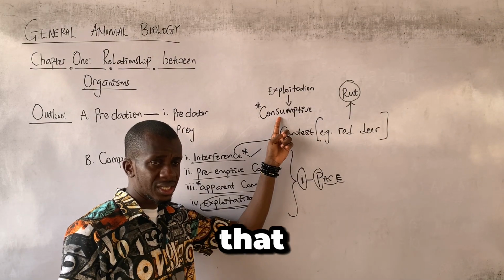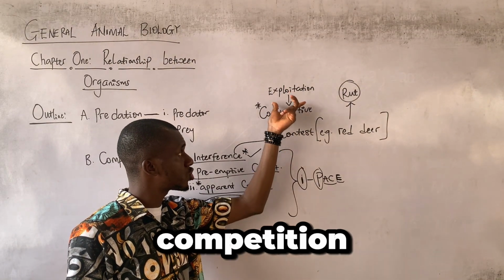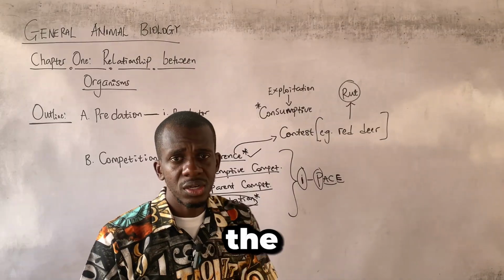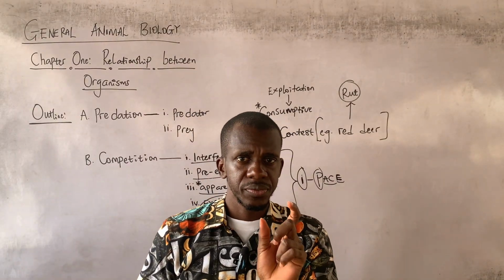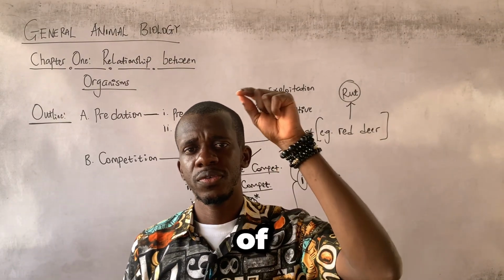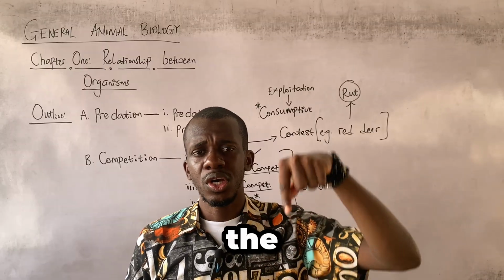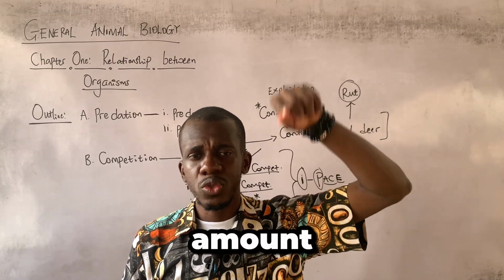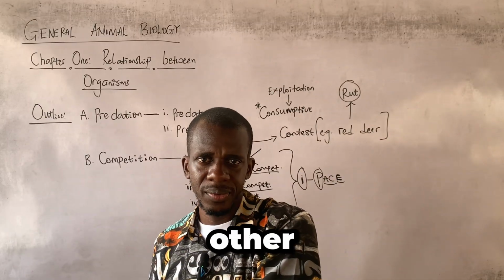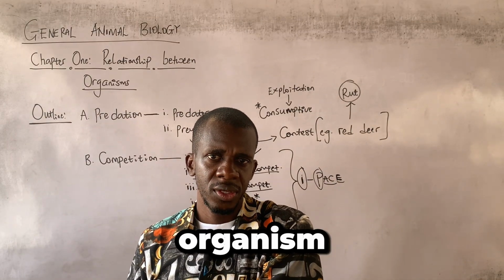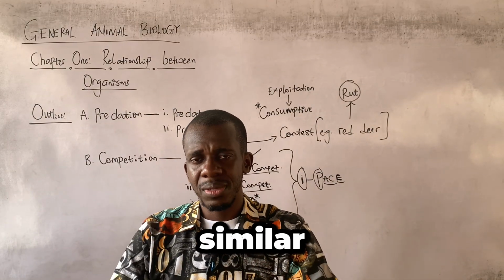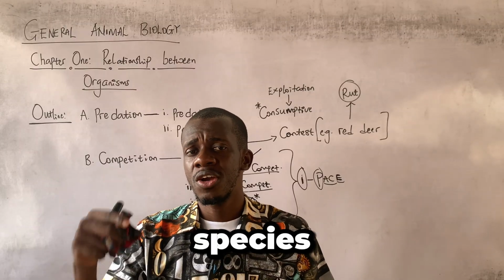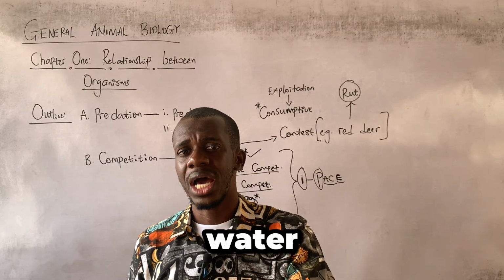I'm going to explain that again. I said in exploitation competition, also known as consumptive, the resource is the focus. The consumption of the resource by one of the competitors reduces the total amount of that resource for the other organism. So I gave an example as plants, similar or dissimilar plant species contending for water.